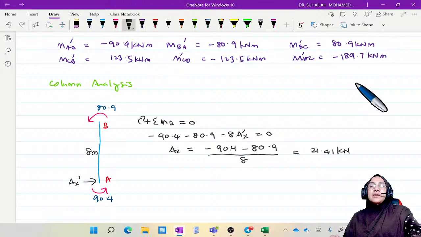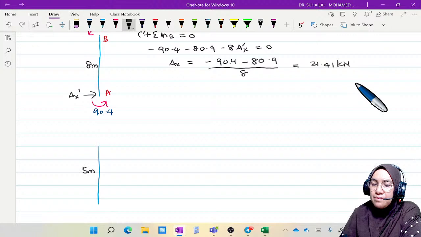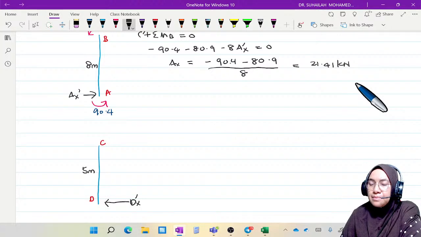We do the same for column CD. For column CD, this is 5 meter, and we have C and D. We have DX prime.